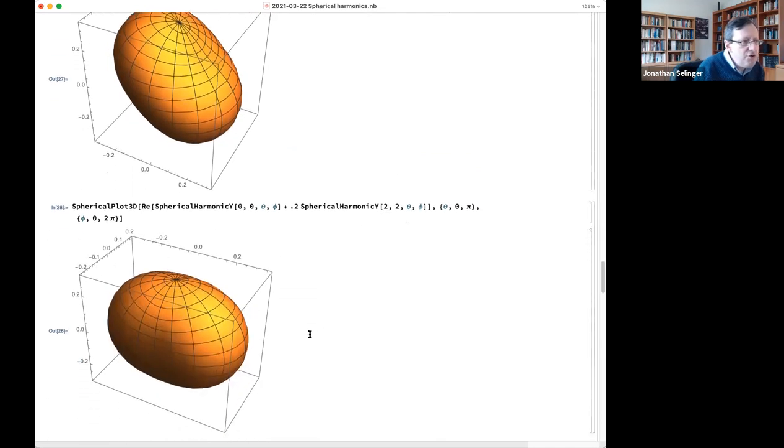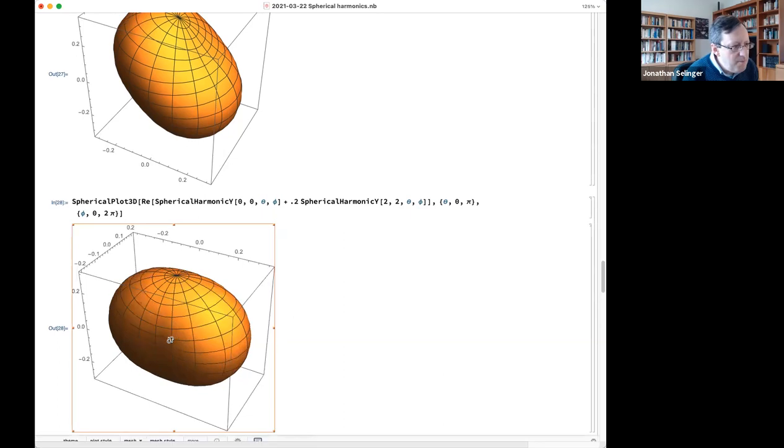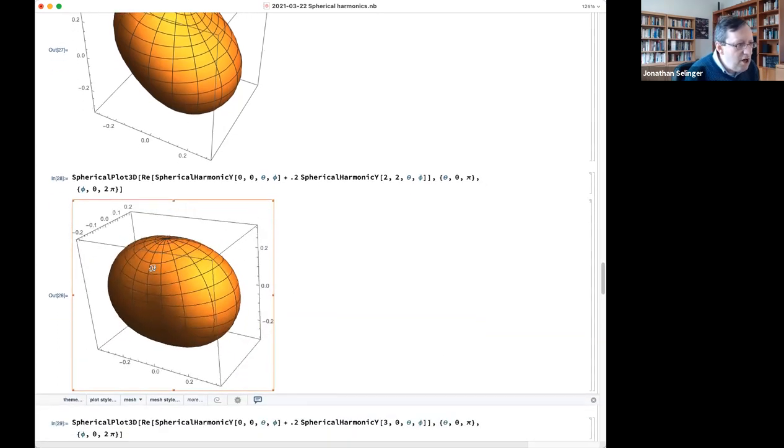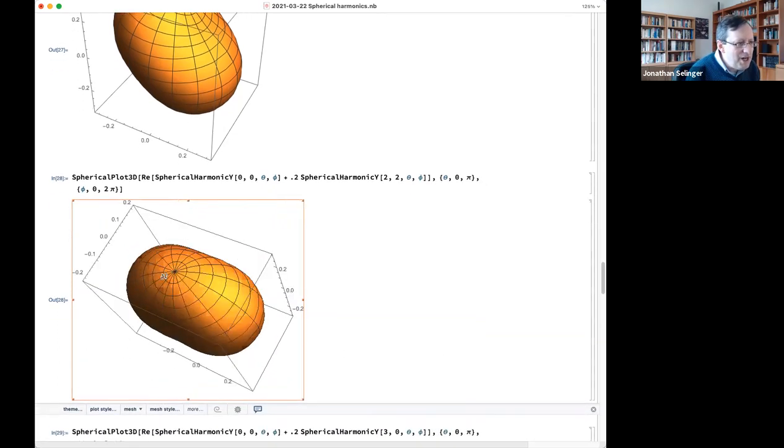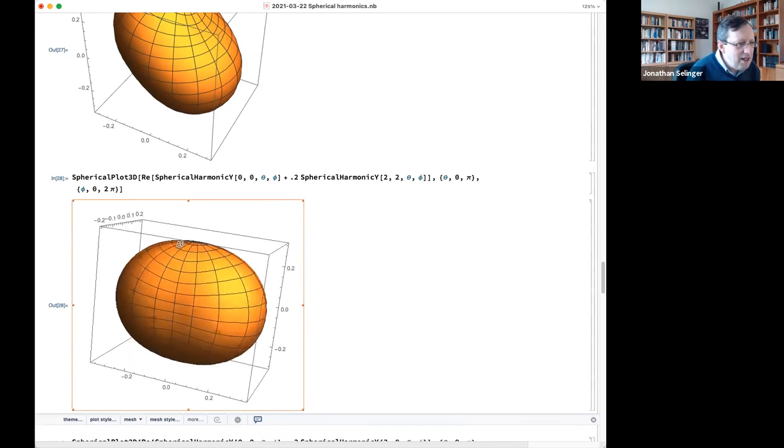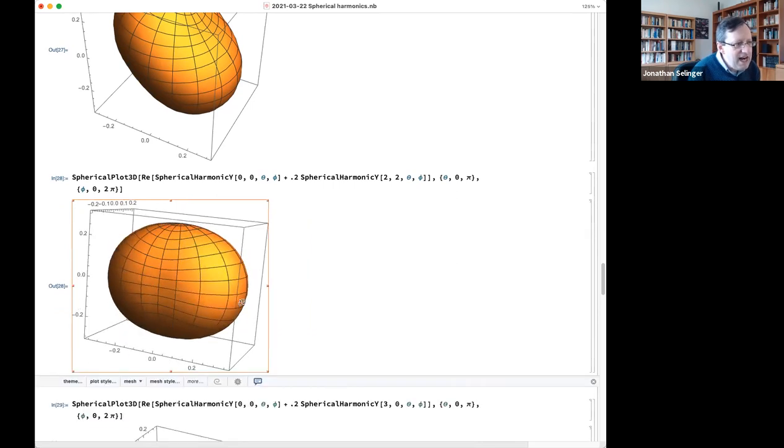And the 2, 2 would make it an extended shape, but extended in the x direction instead of in the z direction. So it's a long, narrow shape, extended in x like that.